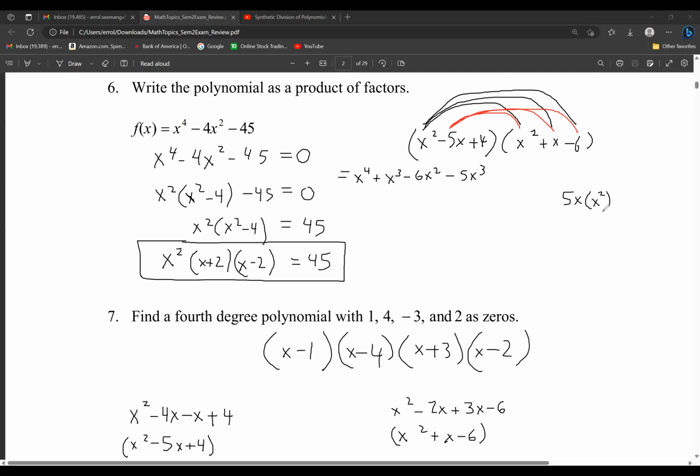That's -5x cubed. All right, give me the next one. Next one is -5x times x, minus 5x squared. That's the middle one, right? Now the last one. -5x times -6. How much?